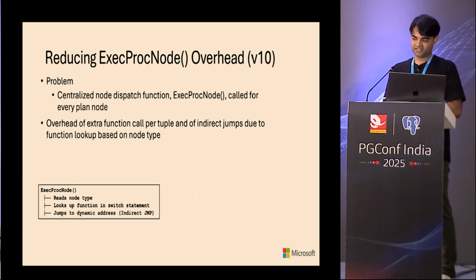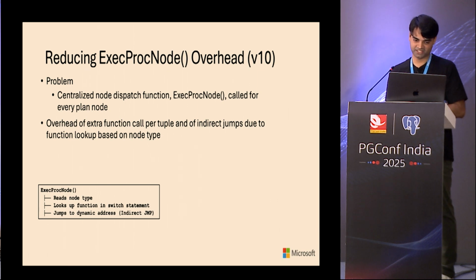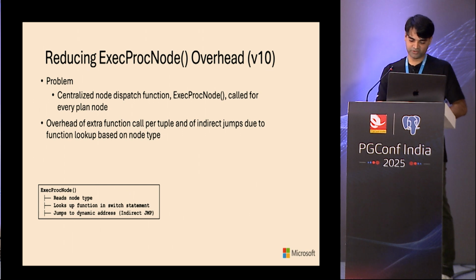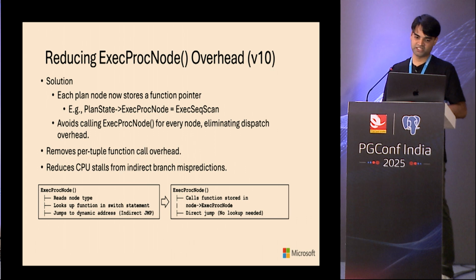And the CPU is not able to tell, once it reaches exec proc node, which function is going to jump next. So this causes many indirect jumps and branch mispredictions. So this was replaced by remembering each node's function in its plan state. So you don't call exec proc node to determine where to go.